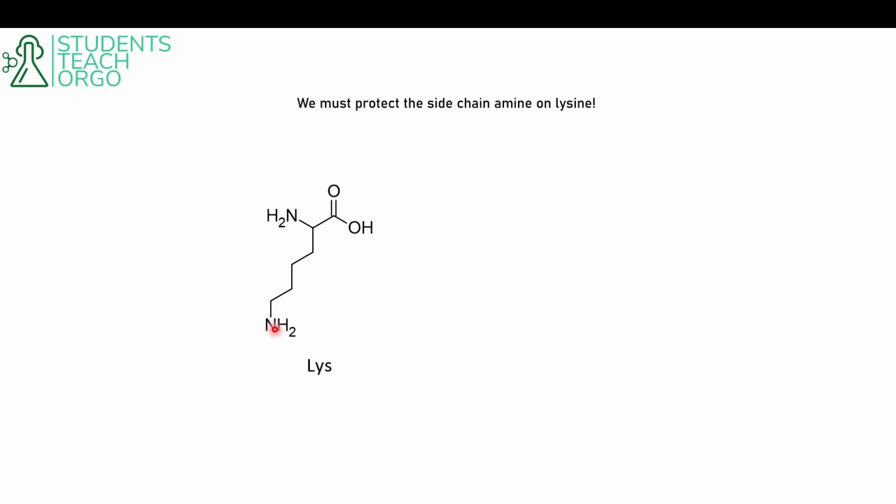And so in order to prevent side reactions with this amine and give us products that we don't want, we also protect that with Boc. And so that will add 2 Boc groups on either nitrogen. And now we can react this with some other kind of amino acid.